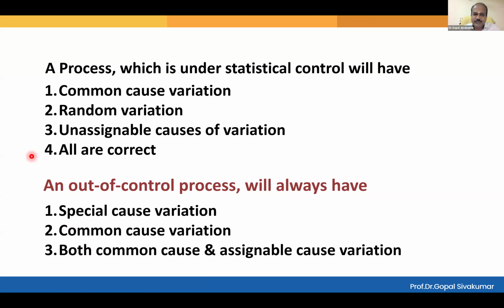So which one can get you marks in the exam? The third one: both common cause and assignable cause. So understand your requirement. Yes, 3 is the correct answer. Any process will always have common cause. If it is out of control, in addition to the common cause, it will have special cause or assignable cause. So 3 is the best answer.